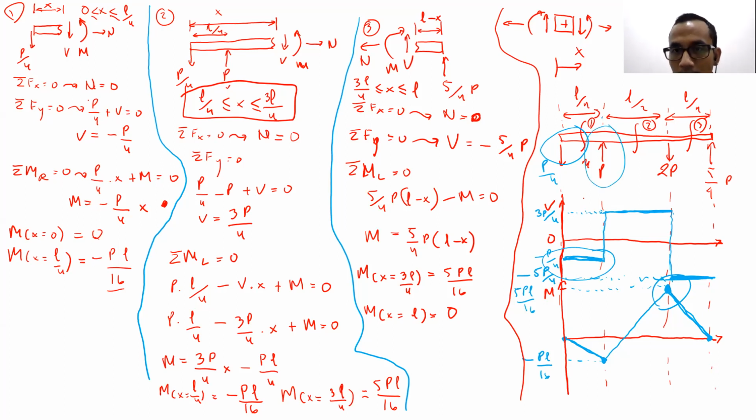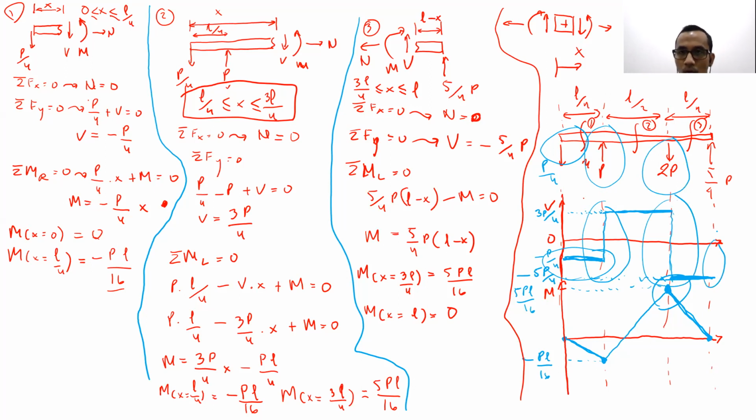Then there will be another jump here, the same as the value of P there. Then this one as well will create another jump which is the same as the value of P there.